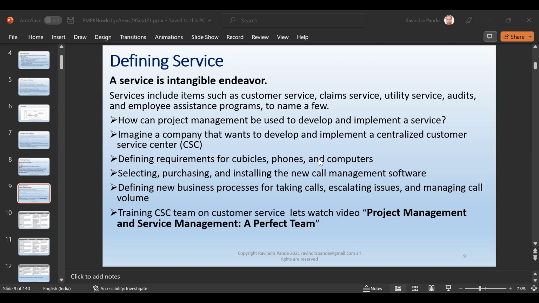So a service management can be another type of project, product management can be another type of project, or solution management can be another type of project, and so on and so forth. Again, depending upon the adoption of the policies and procedures of a given organization, we normally tweak these definitions a bit.